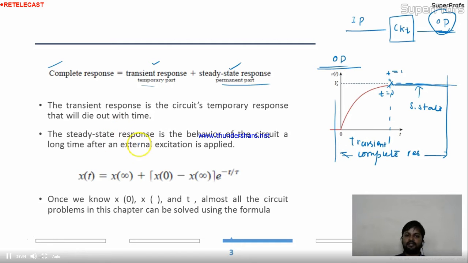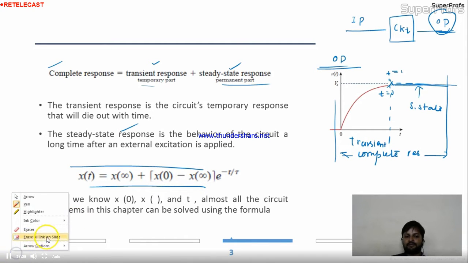The steady state response is the behavior of the circuit a long time after an external excitation is applied. Steady state, I told you, is when the circuit is kept working for a long time, so I can say the circuit is in steady state. Now the complete response formula is given over here.